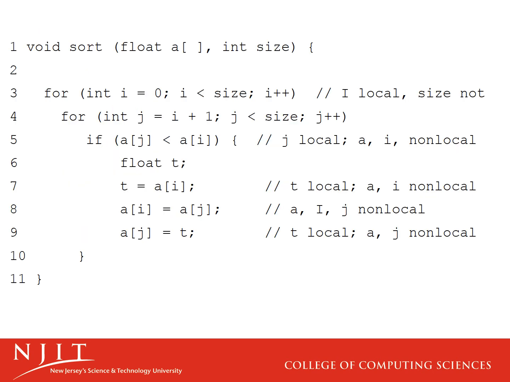Okay, so this code fragment here, which we looked at before, there's going to be a symbol table associated with the scope at lines 6, 7, 8, and 9. Underneath that there's going to be a symbol table for the scope at line 4. Then a symbol table for the scope at line 3.